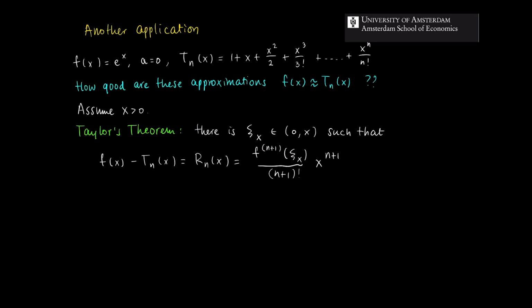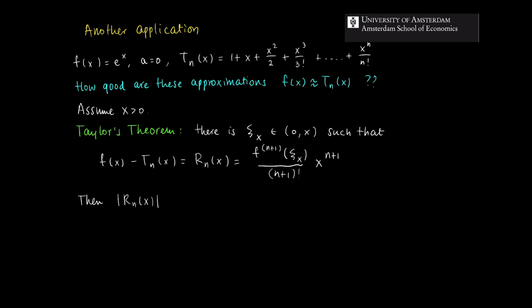Now we're going to use the fact that f is a very nice function. We have f of x is e to the power x, which means that all derivatives of this function take the same form and are equal to e to the power x. So this means also that the n plus 1th derivative at psi of x is just equal to e to the power psi of x. So let's include that.